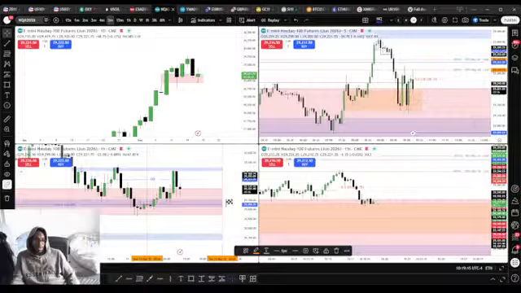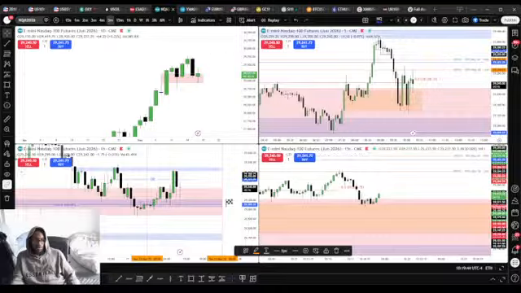It's bank holiday in Canada as well, so tomorrow we're looking out for the claimant count change, UK, high impact, CPI for Canada, and pending home sales for USD as a medium folder. Canada actually has quite a few news events for tomorrow, 3 of them being medium impact news, GDP to AUD.